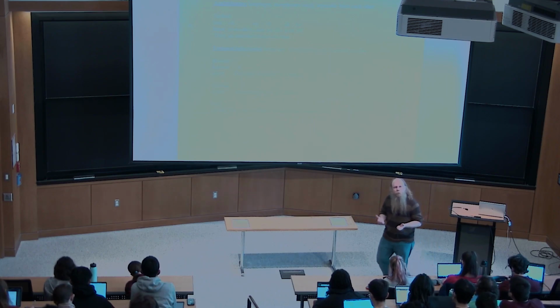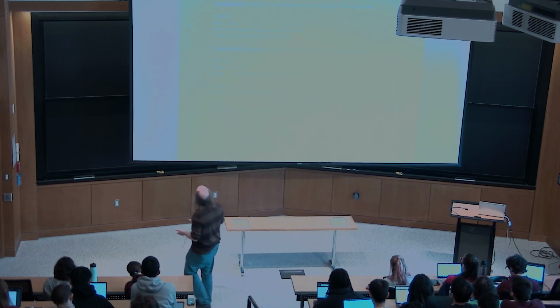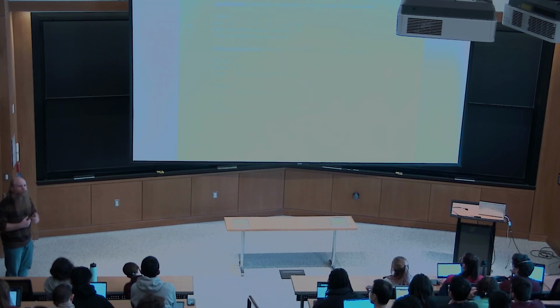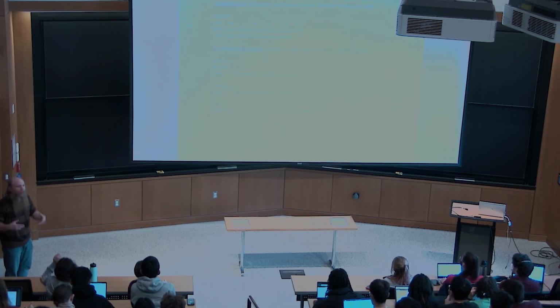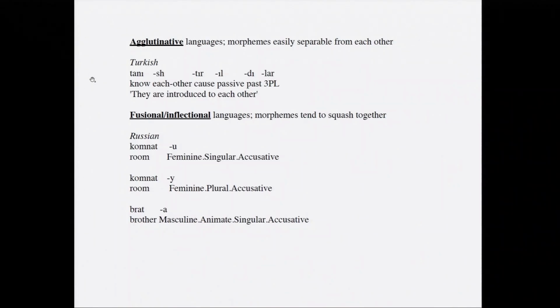Turkish is the poster child for an agglutinative language. You've got a verb, and then a bunch of suffixes on the verb, and making the cut between one suffix and the next is pretty straightforward. There aren't a lot of fancy morphological changes that happen as a result of these morphemes coming in contact with each other. And each of the morphemes has a pretty simple meaning. They mean things like each other, or cause, or past.